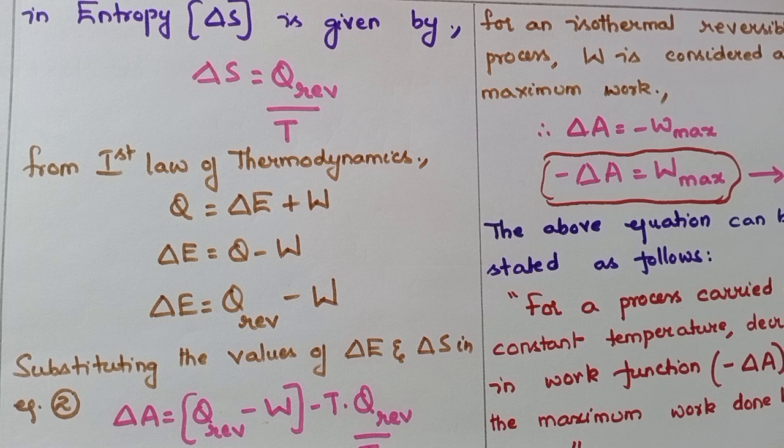Now, substituting the values. Students, look here: delta S is equal to Q reversible by T, delta E is equal to Q reversible minus W. Now we have the values of delta S and delta E in hand. So what do we do with these values?